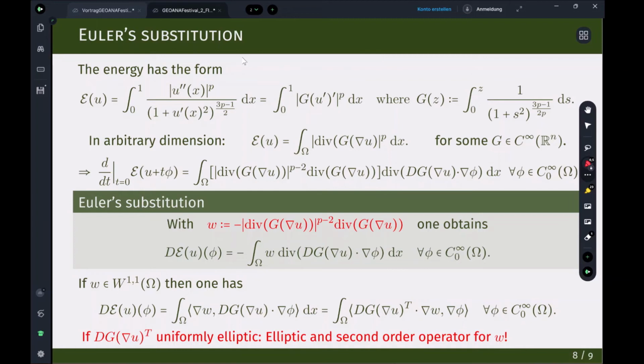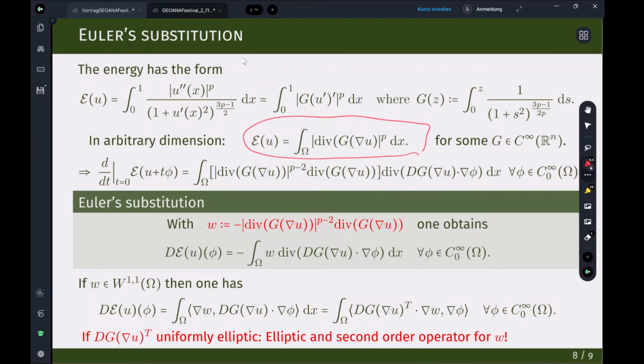And so this is basically the whole trick behind it, how one can come up with such substitutions in case of energies that take this form. This is what one can do basically to study energies of this form in a very general way, and this is the origin of Euler's substitution and the structural reason why it applies.